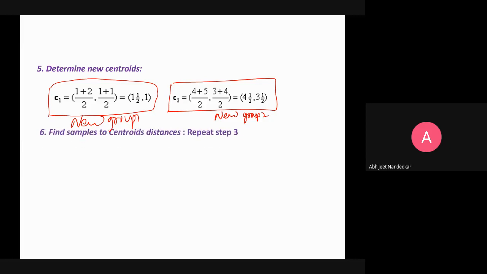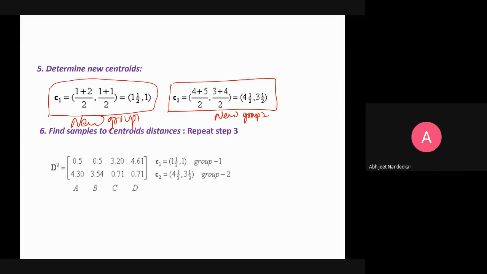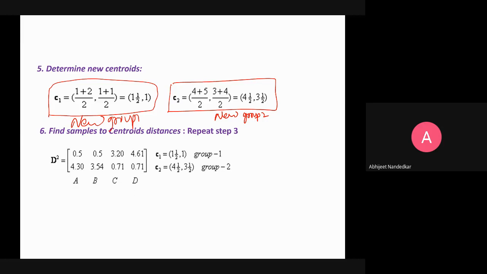What is next? The next step is again to find out the distance from each sample to these two groups, and write neatly in a table. Here you can see that the distance of A with group 1 is now 0.5, because the centroid has shifted to a new position, that is 1.5 comma 1.